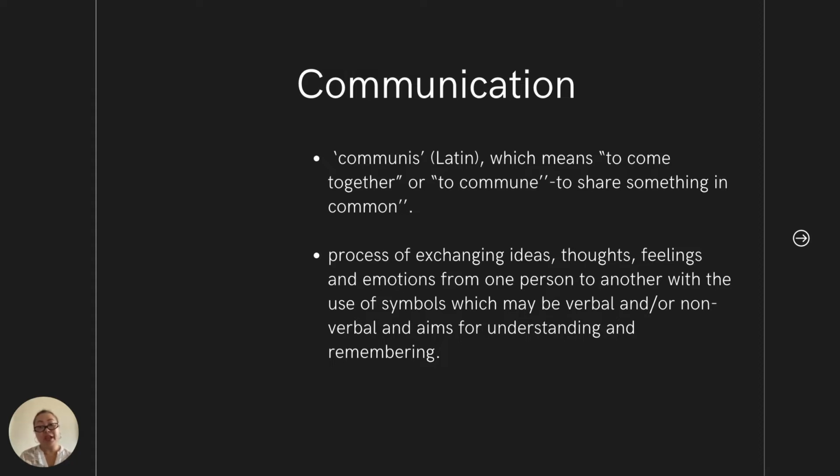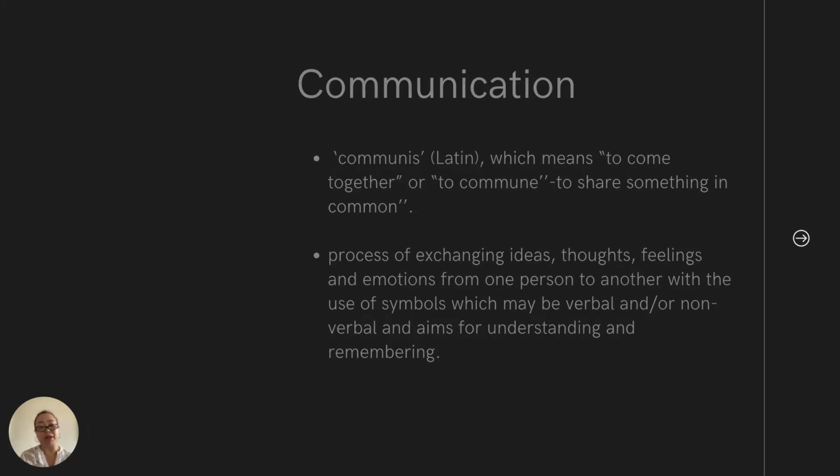That is, to share something in common. Communication is the process of exchanging ideas, thoughts, feelings, and emotions from one person to another with the use of symbols which may be verbal and or nonverbal and aims for understanding and remembering.